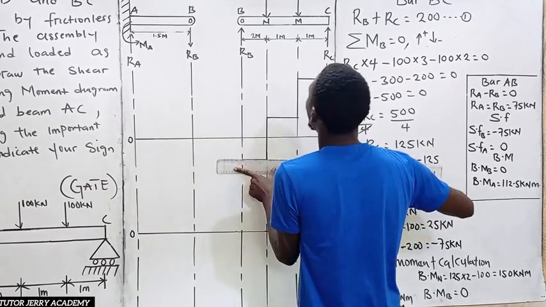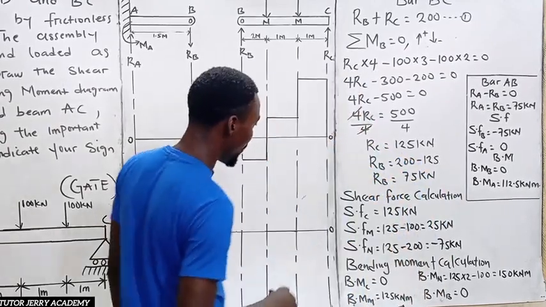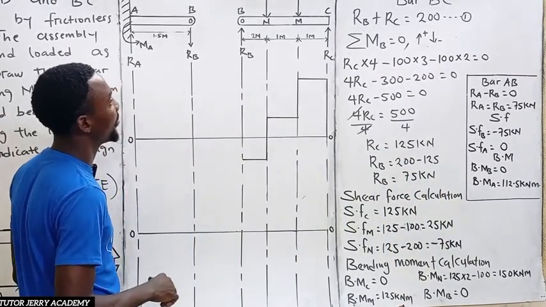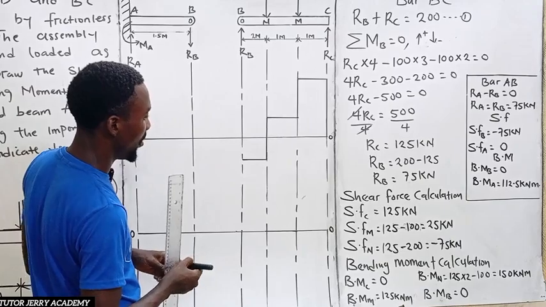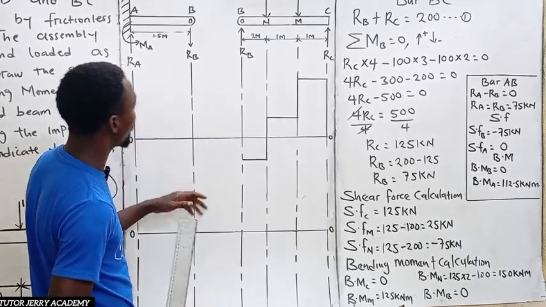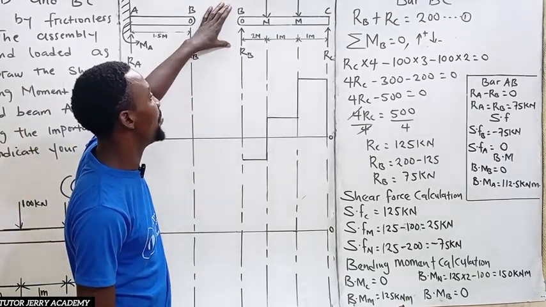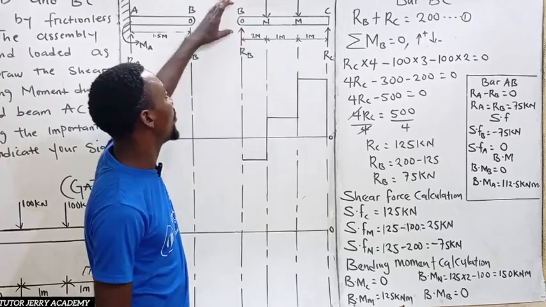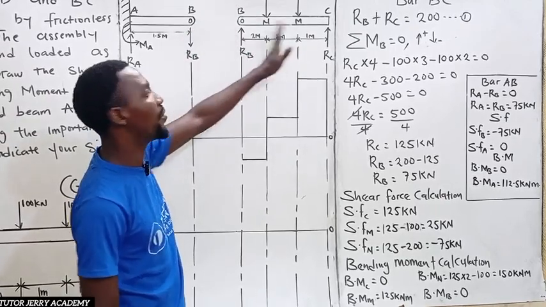So at point B, the shear force at point B. I did not calculate the shear force at point B here, so sorry. If we look at point B, we have all four forces, right?